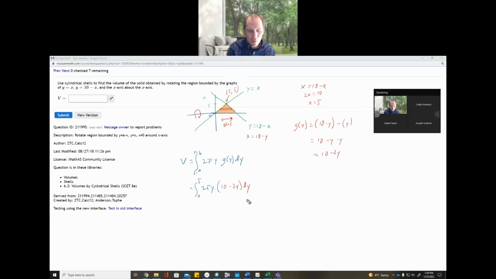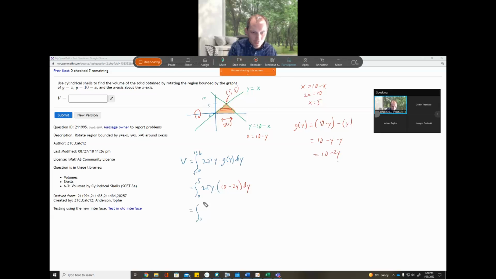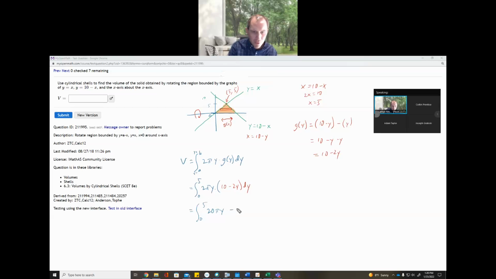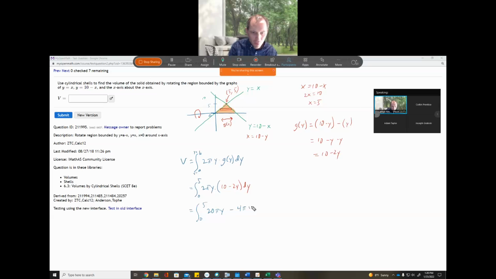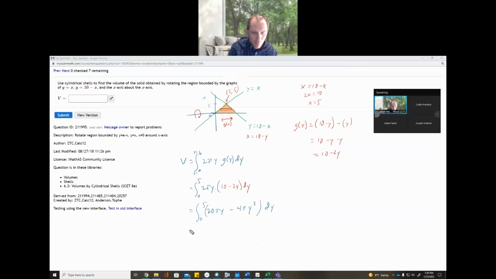Okay. So before we integrate, I want to make this look nice. What I'm going to do is take this 2 pi y and distribute it so that I don't have a multiplication anymore. So 2 pi y times 10 is 20 pi y. 2 pi y times negative 2y is minus 4 pi y squared. And I'm still integrating dy.